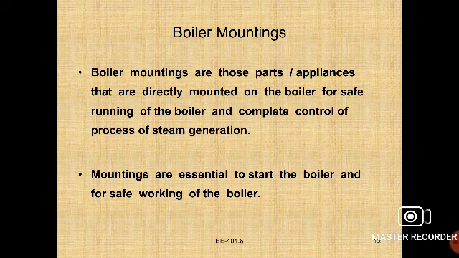So once again you can check here: boiler mountings are those parts and appliances that are directly mounted on the boiler for safe running of the boiler and complete control of the process of steam generation. During steam generation, we always need safe conditions. Safety is the most important thing.